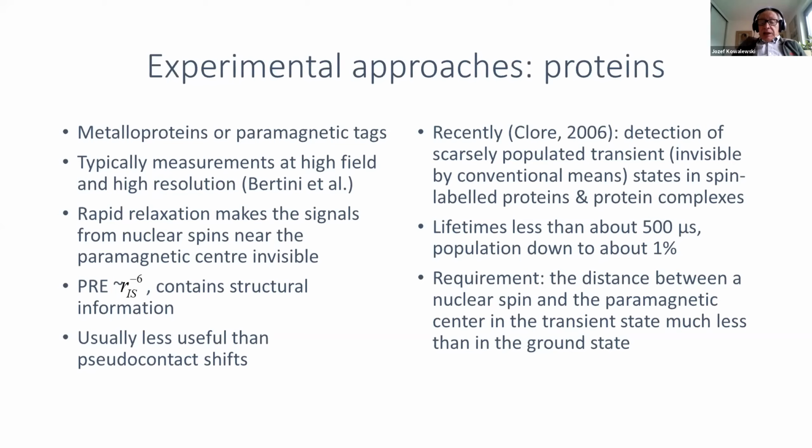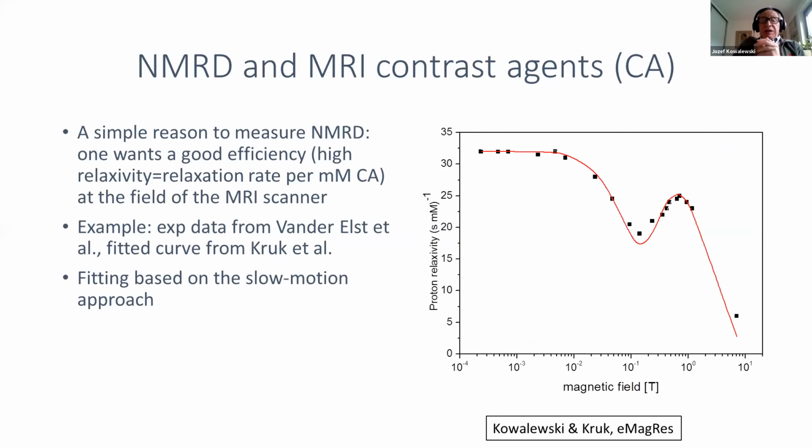Now, let me show you an example of this type of measurement. Here it is. The data are NMRD, so nuclear magnetic relaxation dispersion, for a contrast agent of a gadolinium salt in water, and we measure water proton relaxation.